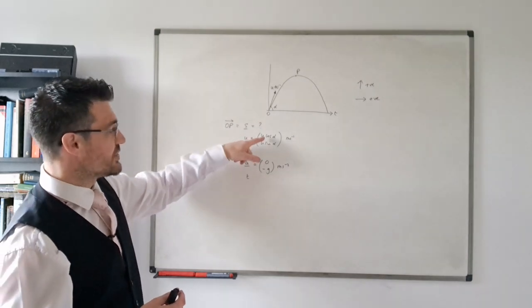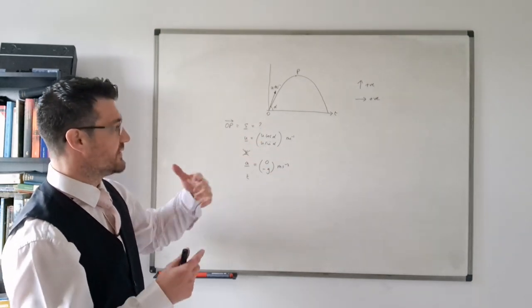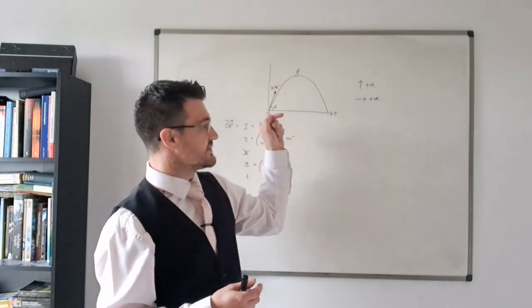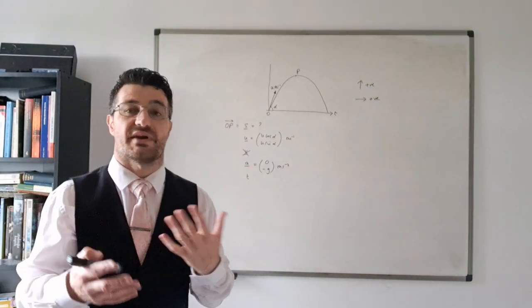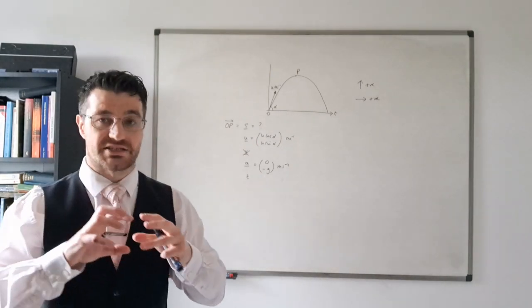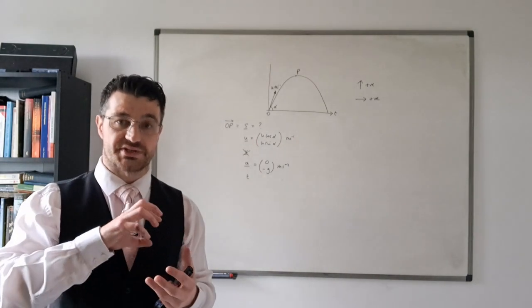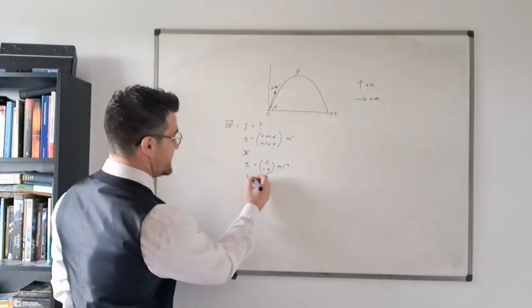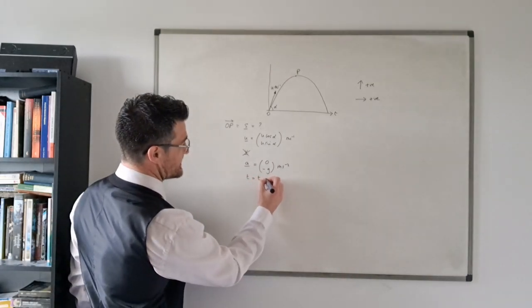Or even if I'd written u cos alpha, minus u sine alpha, if I'm taking downwards as positive and still taking that direction as positive. There are various combinations. There's no right combination. It's just that whatever you do has to be consistent with the choice that you make. Okay, t, that's a scalar quantity anyway, t seconds.